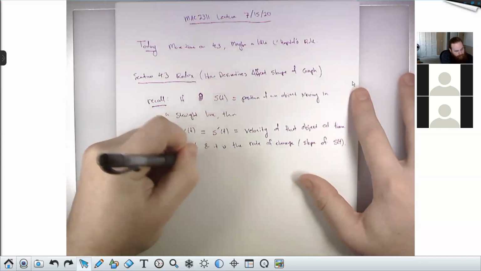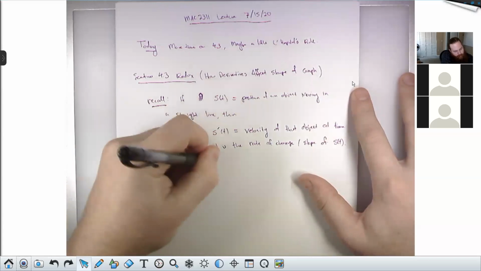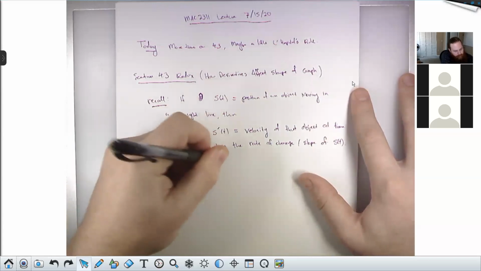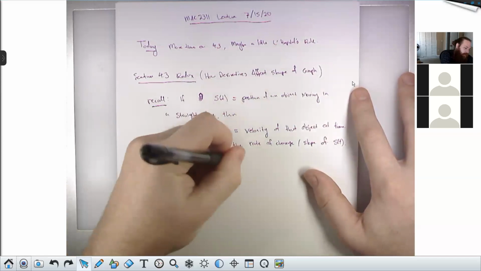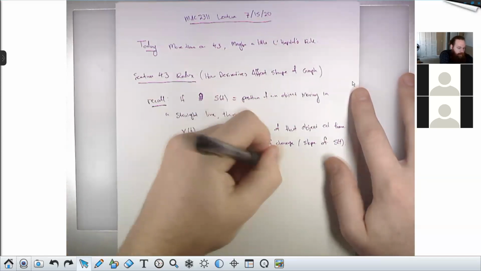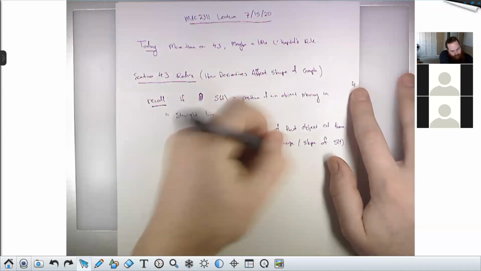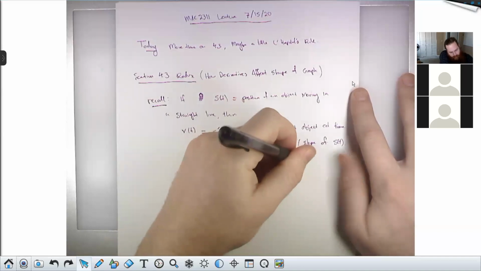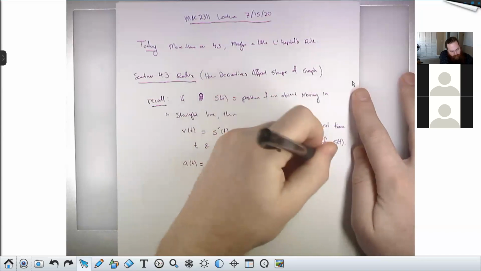a of t is the derivative of the velocity function, which means that's the second derivative of the position function. This is called the acceleration of the object.